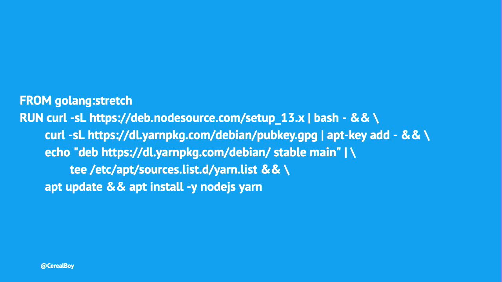In this case, maybe we actually want to have a full application that we build a front end as well. But we don't want to separate our front end and our back end too much. So we might bring in Node and Yarn, and that way we can compile and generate our front end assets.